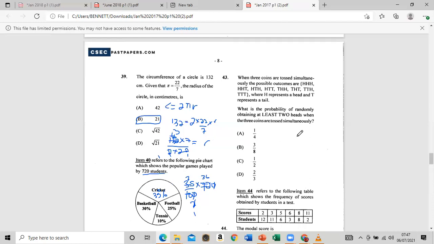When 3 coins are tossed simultaneously, the possible outcomes are listed, where H represents heads. What's the probability of randomly obtaining at least 2 heads? So you see the heads now? At least 2.